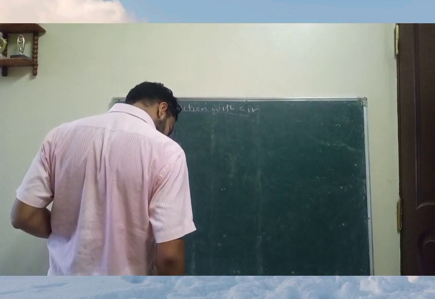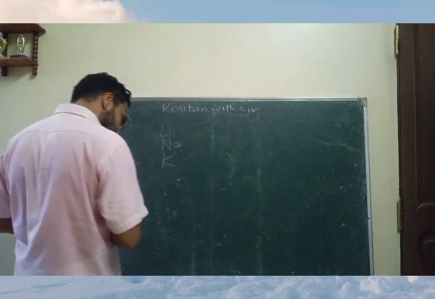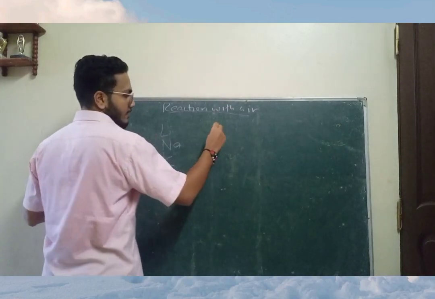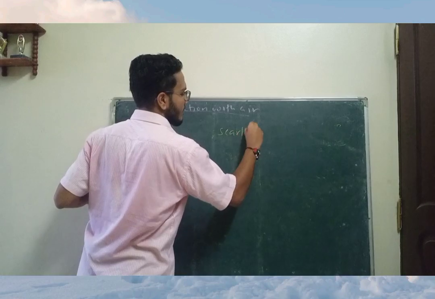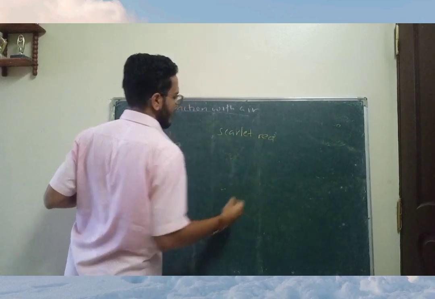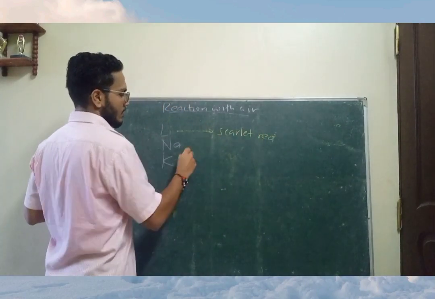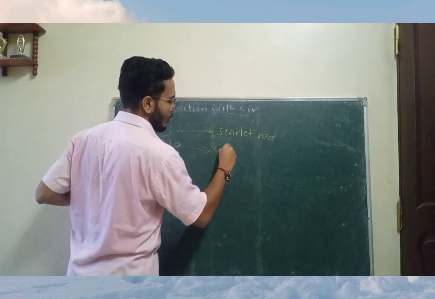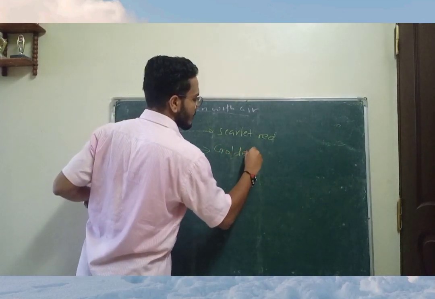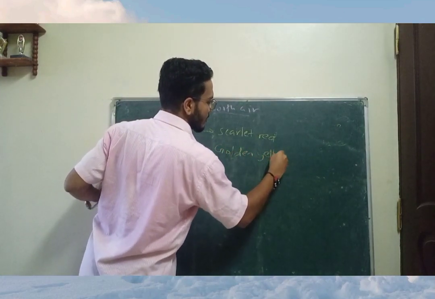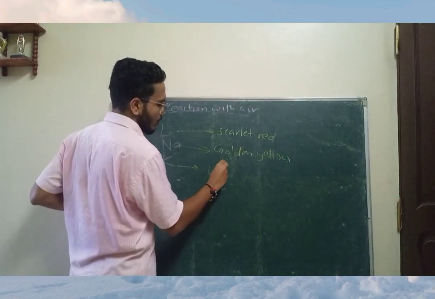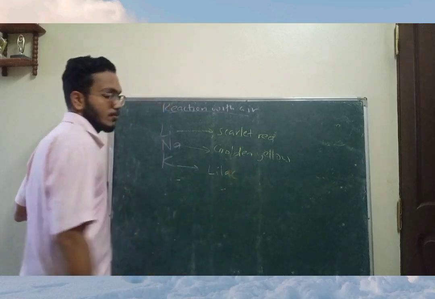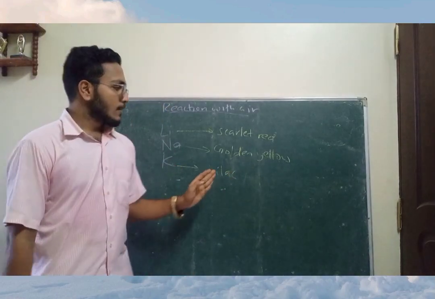The color of flame: lithium has scarlet red color of flame, sodium has golden yellow color of flame, and potassium has lilac or purple, but in chemistry we use the term lilac.